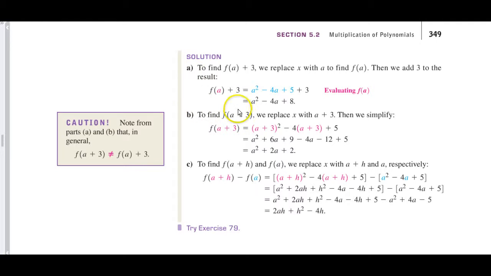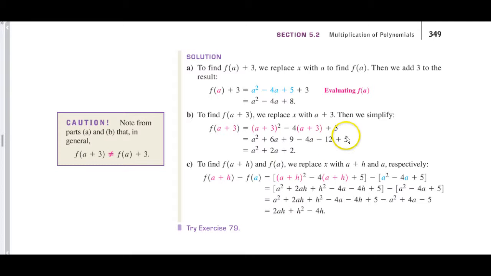In letter B, wherever the x was, we're going to replace it with a plus 3. So we square this and get this trinomial right here. Put the a plus 3 where the x was, distribute that, and get these two terms.